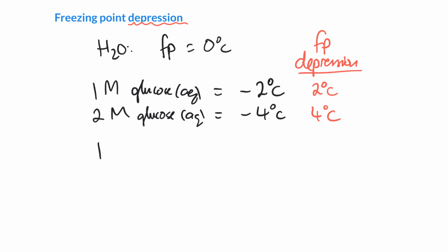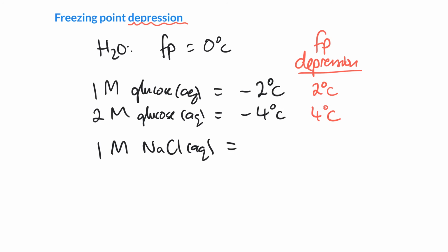We might also go back to 1 molar sodium chloride. And remember, in wintertime, we add sodium chloride to our sidewalk to melt the ice, and turn it into water. So the reason we do that is that when we add salt to water, it depresses, it lowers the freezing point.